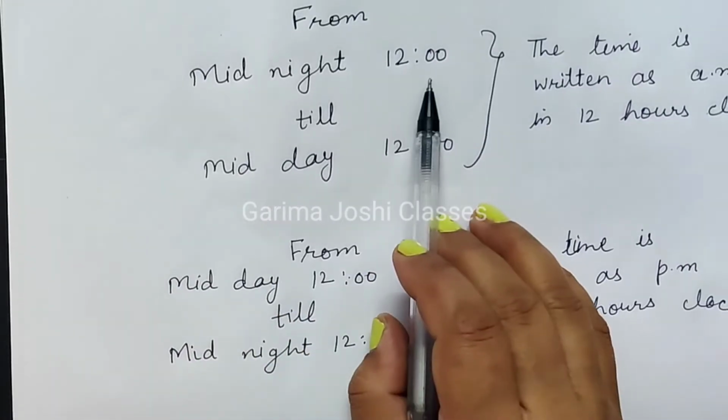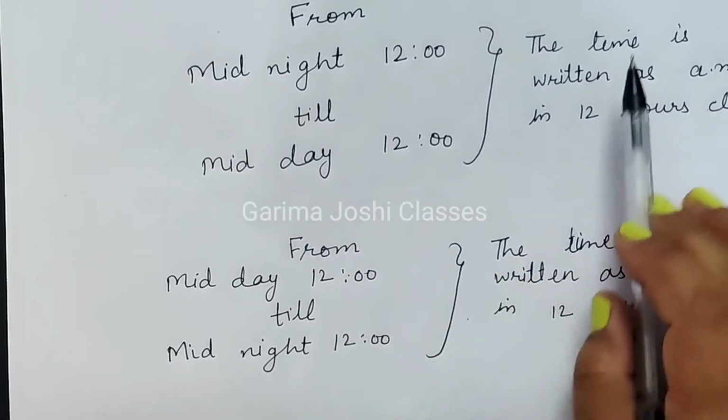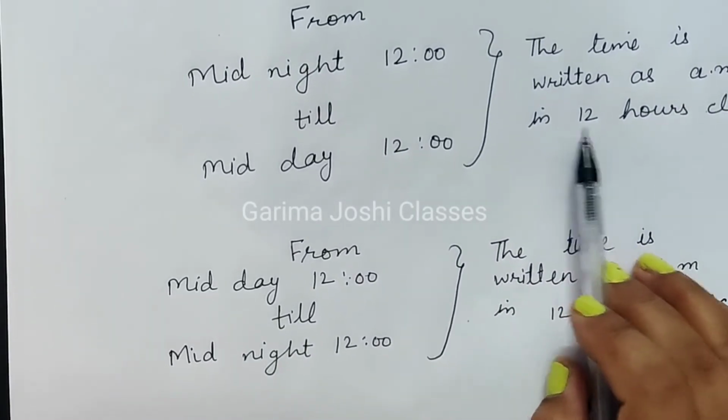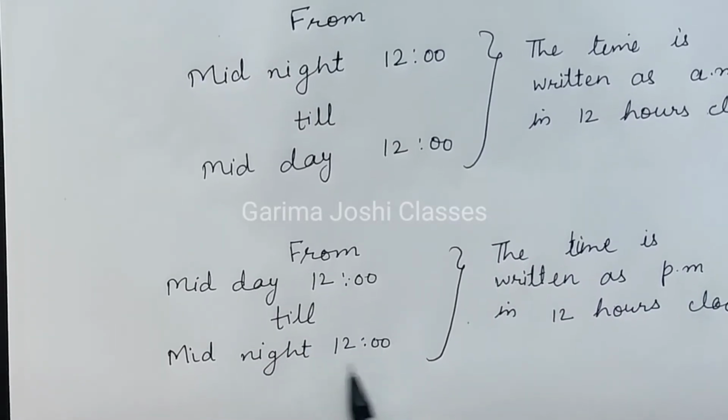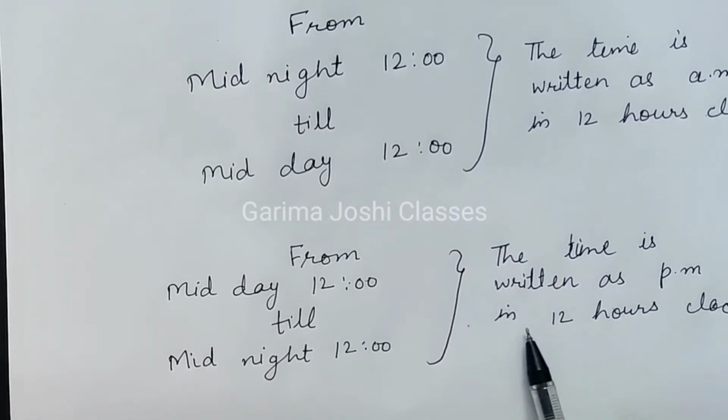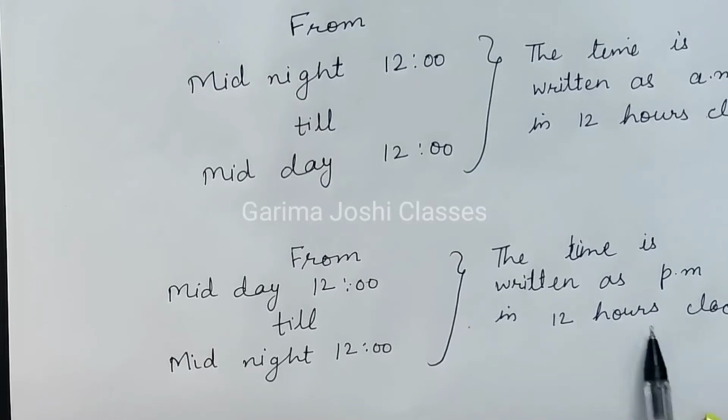From midnight 12 till midday 12, the time is written as AM, and from midday 12 till midnight 12, the time is written as PM.